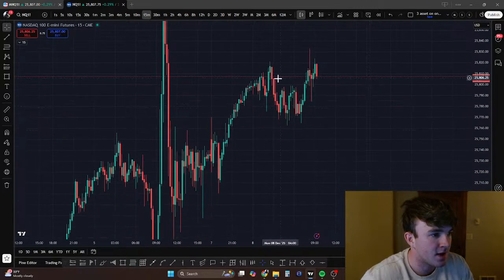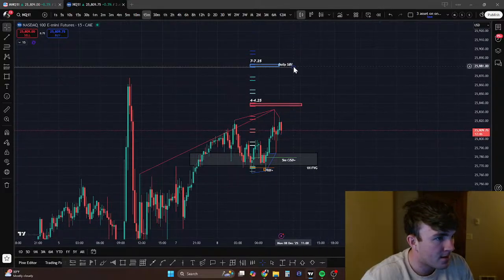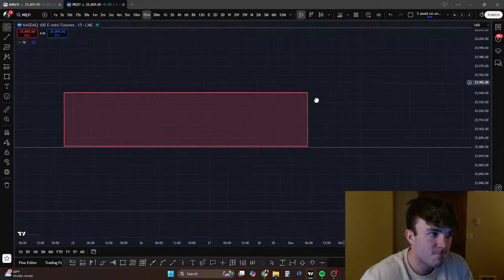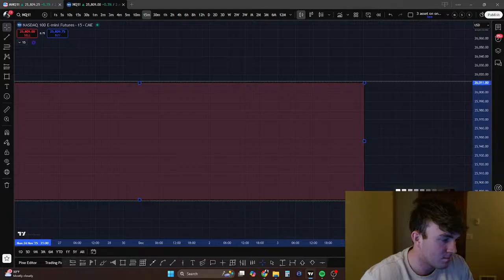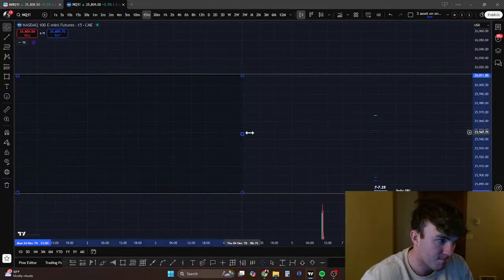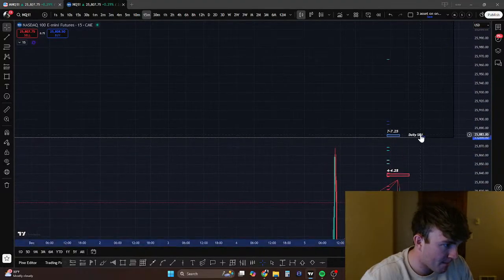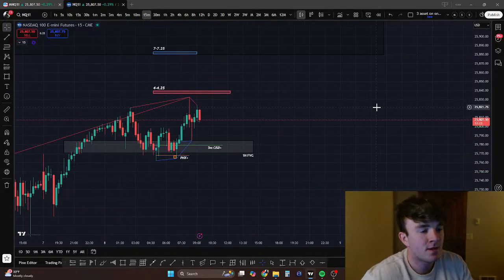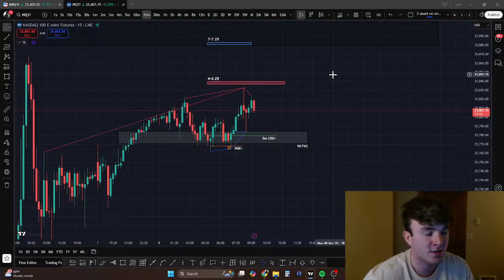And so on the low time frame here, I'm thinking that we'll probably draw here. Now, I think NQ wants to go for the daily FVG, then go for sell side liquidity.